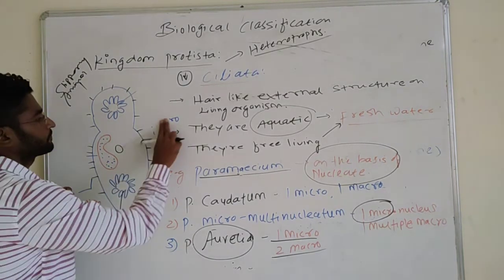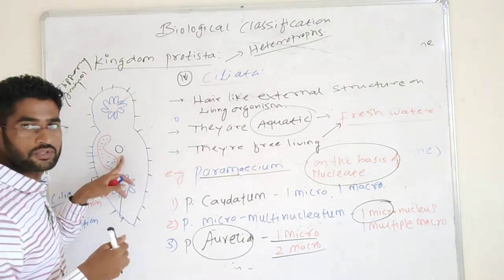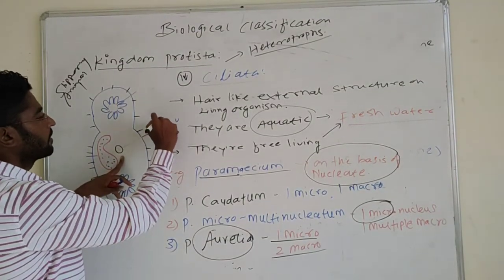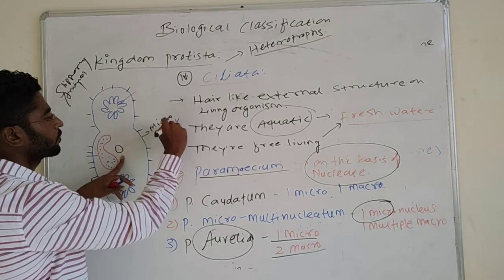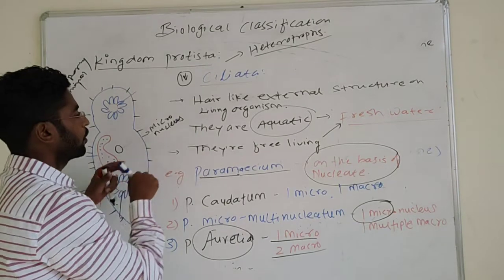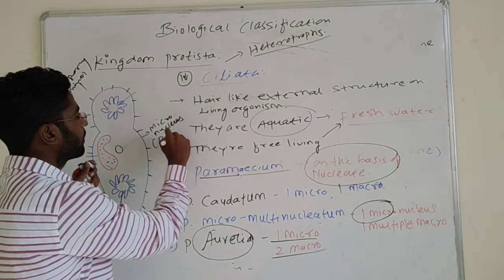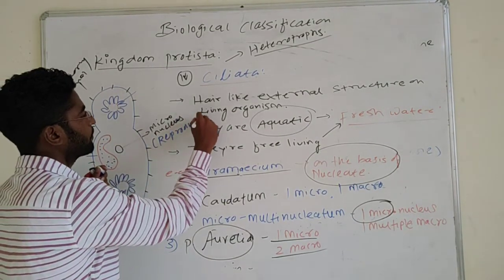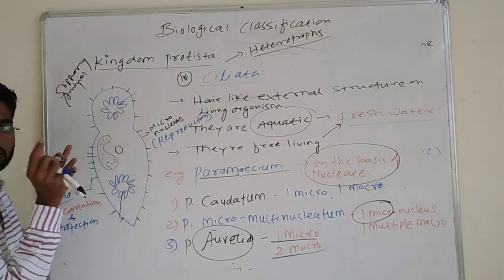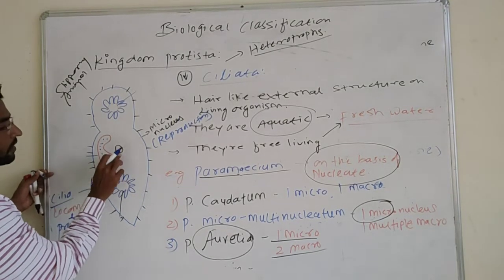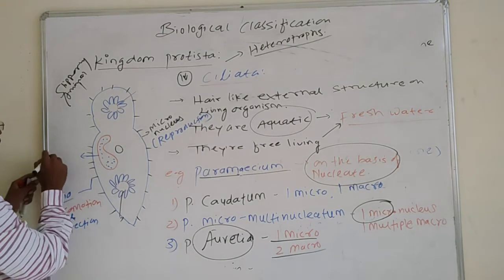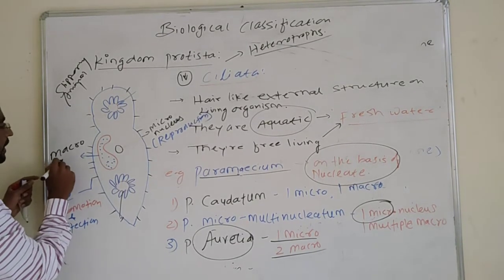Now this small structure inside the paramecium is known as the micronucleus, right? And this micronucleus helps in the process of reproduction. There is another structure, slightly larger than the micronucleus, known as the macronucleus, right?